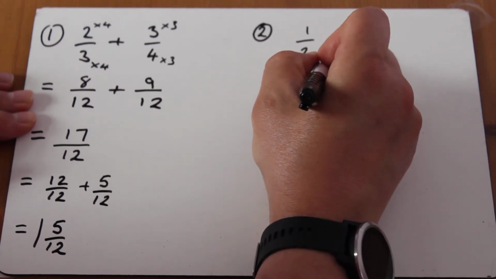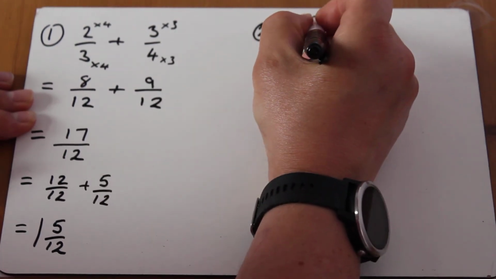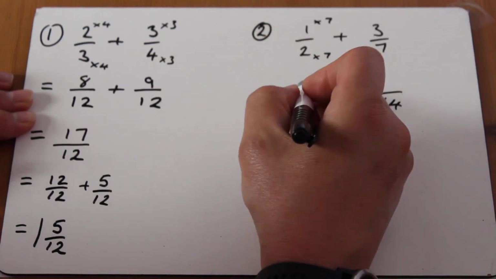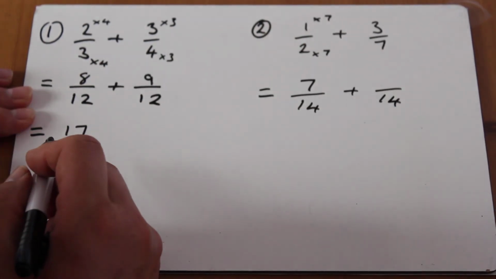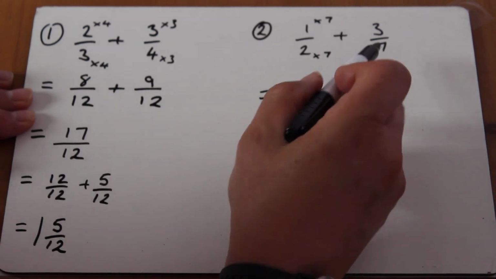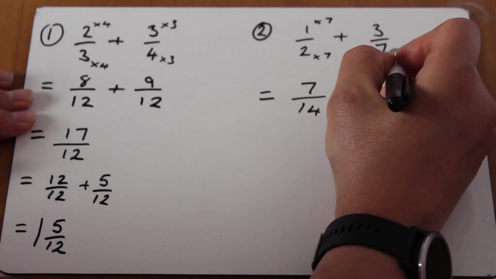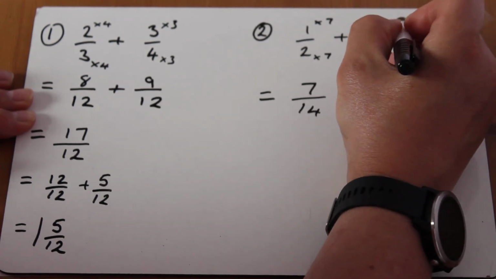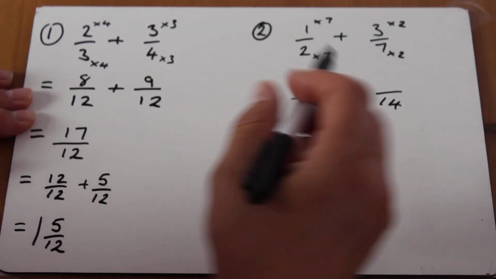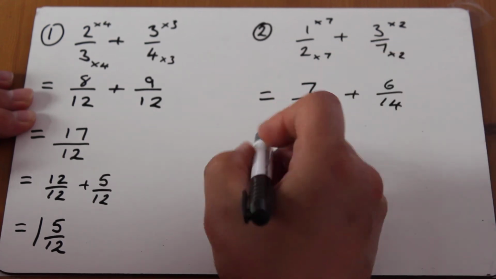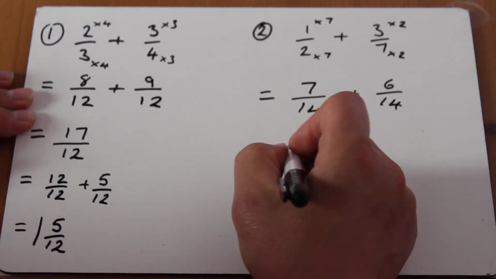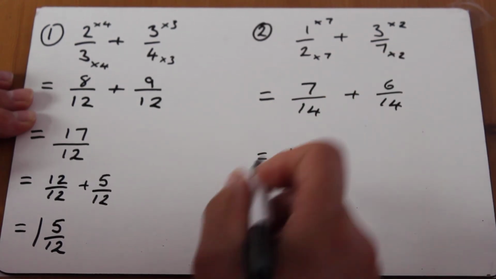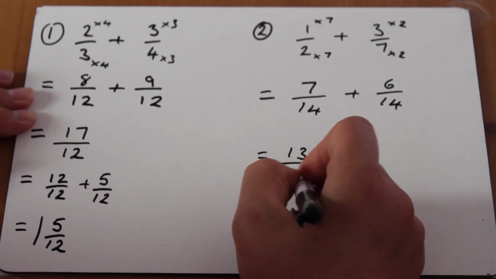The answer is 7. So that means I need to multiply the 1 by 7. So that gives me 7. Okay, here 7 times 2 gives me 14, which means it's 3 times 2. 3 times 2 is 6. 7 add 6 is 13, and it's all over 14.